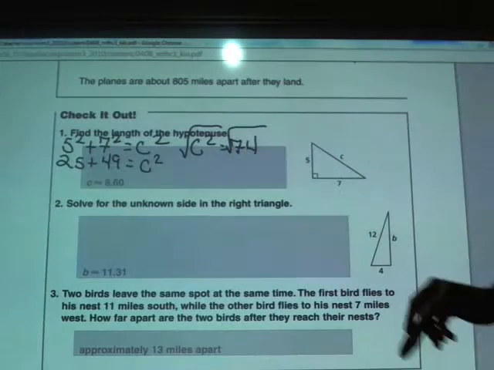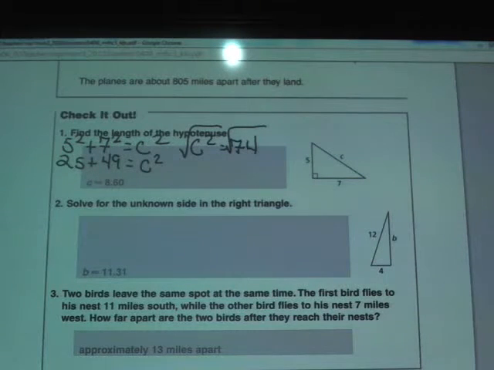So I'm taking the square root all the way across here. When I take the square root of 74, the result ends up being 8.60232527. And since we're rounding here to the hundredth like we did earlier, that's why we wrote 8.60. The square root of 74 is my solution. The square root of 74 rounded is 8.60.